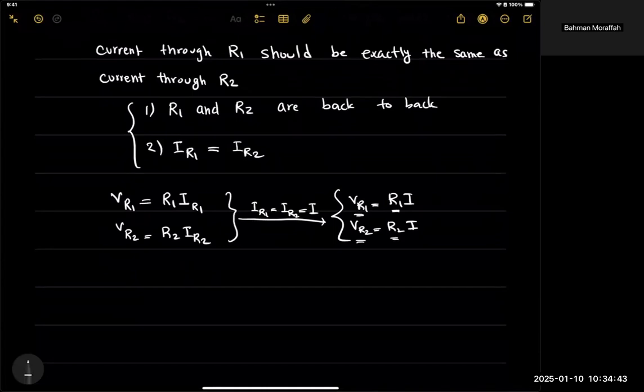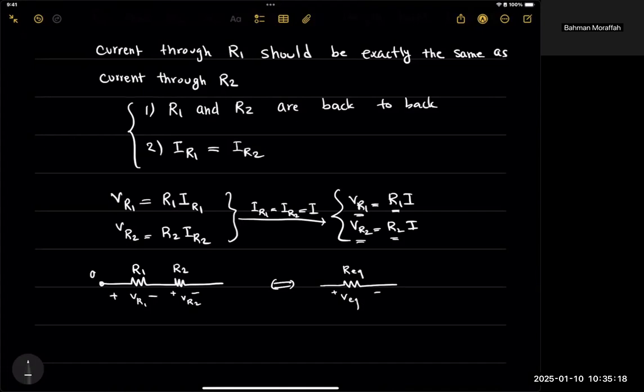We can replace R1 and R2 by an equivalent resistance. Let's call the voltage across this one V of R1, and the voltage across this one V of R2. What we're hoping is to replace the whole thing by an equivalent resistance, and let's call the voltage across this equivalent V equivalent.